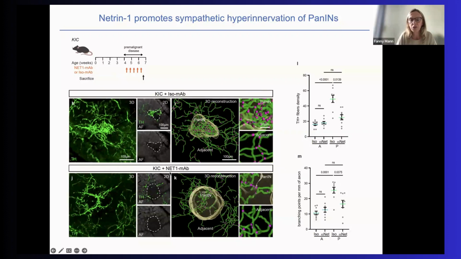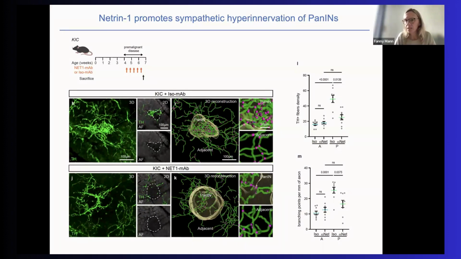But when we treat the mice with a netrin-1 blocking antibody, then we found a strong reduction in the innervation of these PanIN lesions, while the innervation pattern of the adjacent tissue was not affected. So this shows that netrin-1 is important for the innervation of the precancerous lesions.